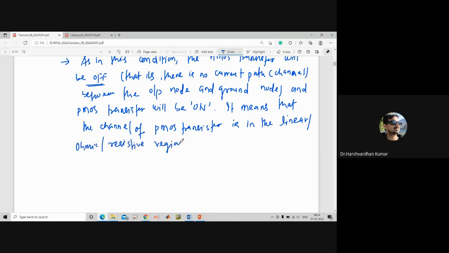All are the same; the meaning of the operation remains the same. So one obtains a perfect logic 1 at the output node.